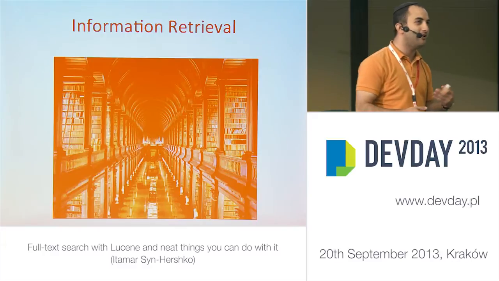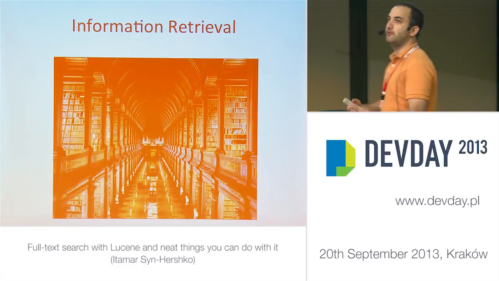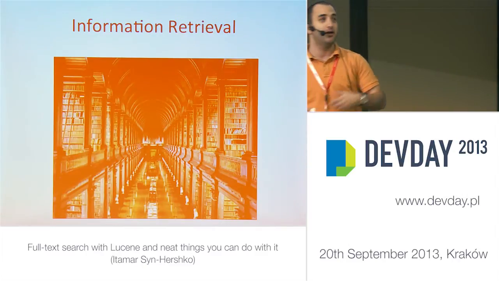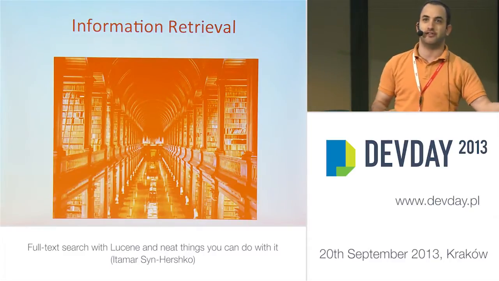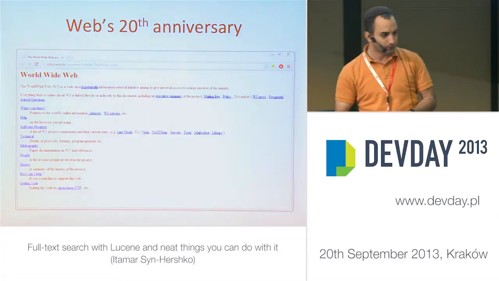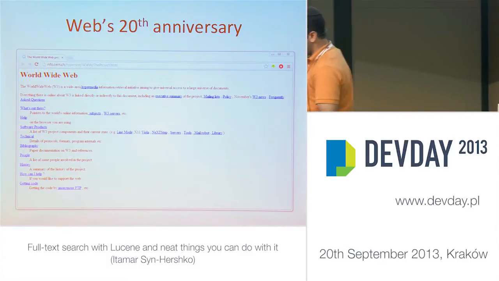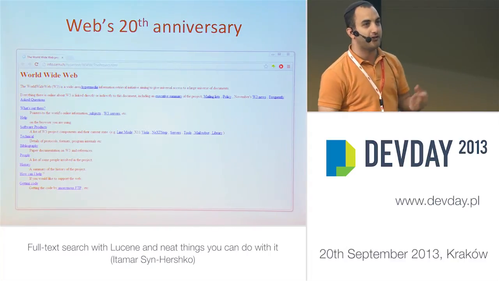Okay, so when we say search, we basically mean information retrieval. We want information, we want to learn about something, and then we go and try to find it using some sort of tools. In April, almost a year ago, the web as we know it today had its 20th anniversary.